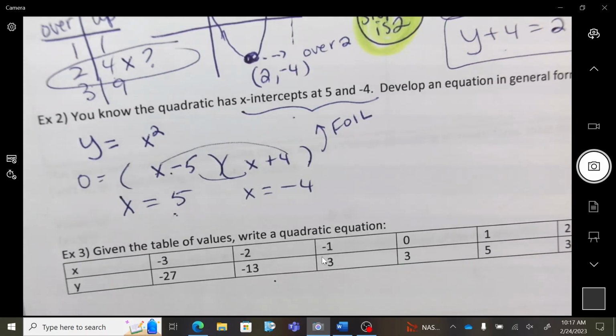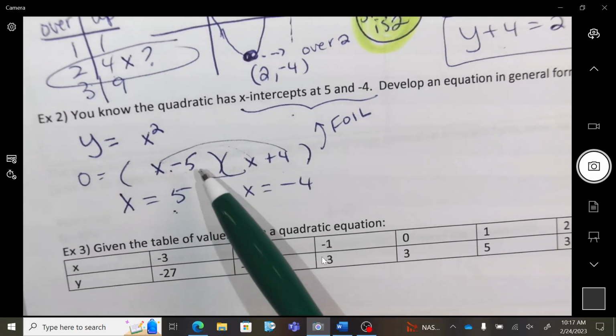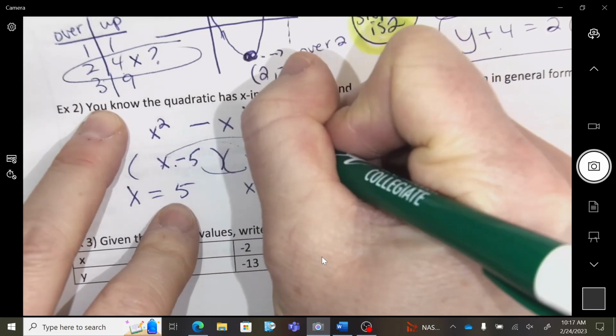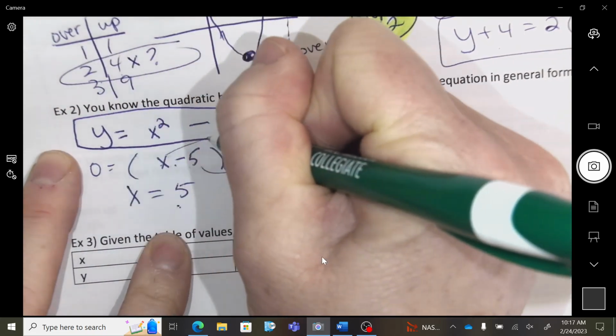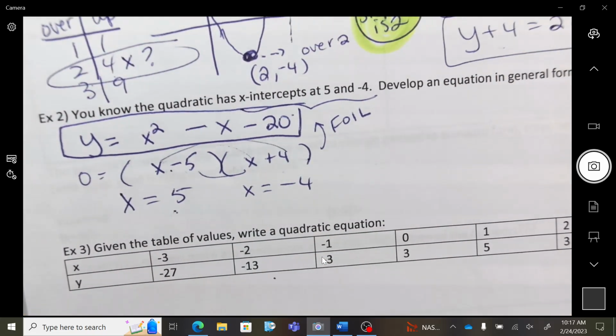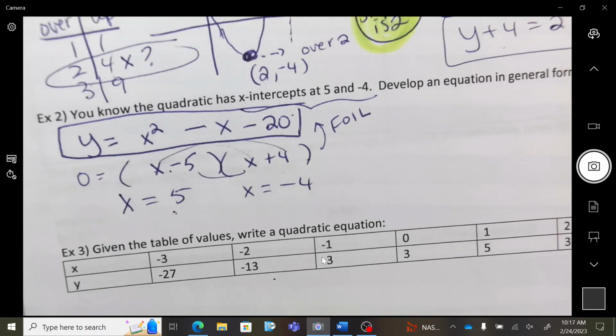You remember that process? 4x subtract 5x. So you have to think of, how did I get those x-intercepts? Well, I would have factored to get them, so now I got to work backwards of the factoring. And factoring and foiling are the opposite.